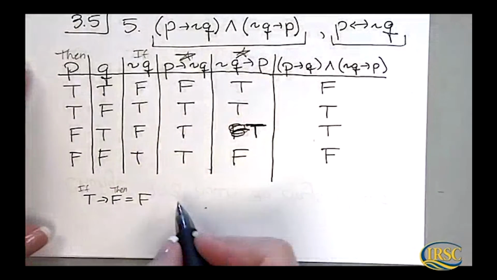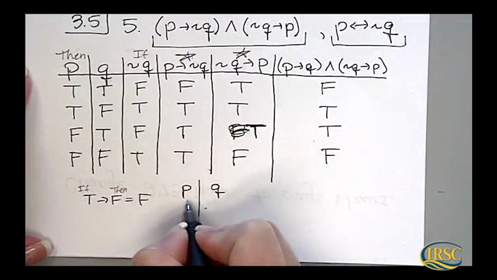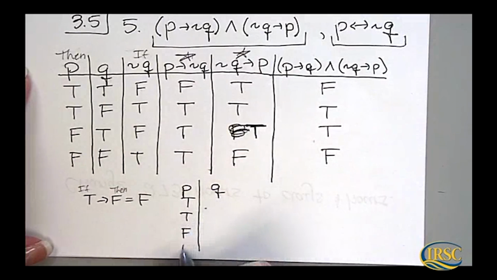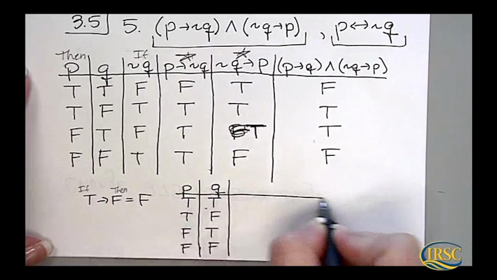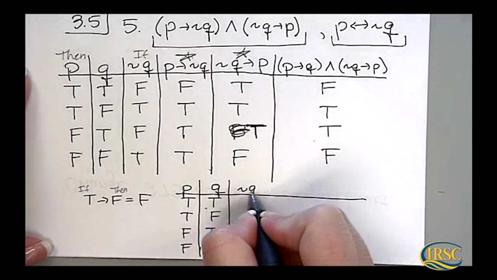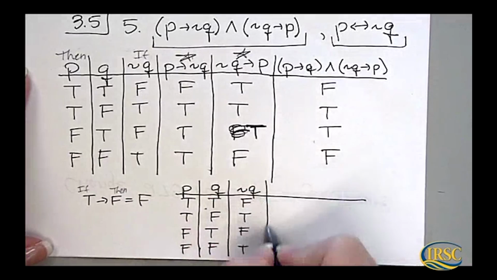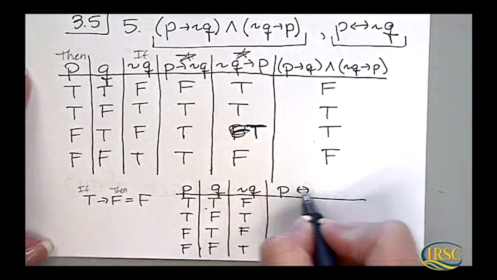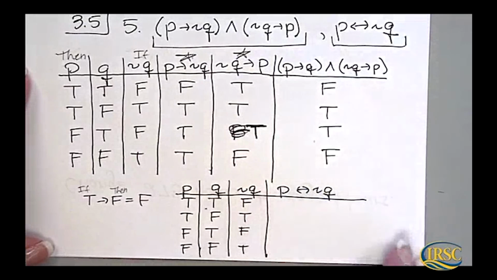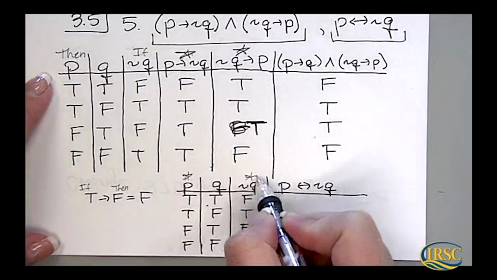So now this truth table starts out the same, P, Q, and then I also need a not Q. But now I need the if and only if between that. So P, if and only if, not Q. And I am looking at the P column and the not Q column.